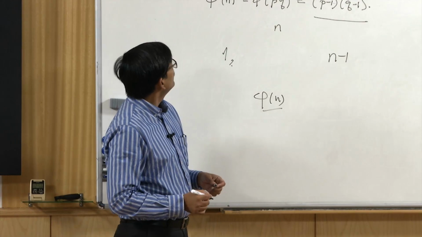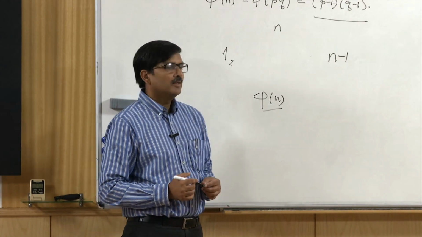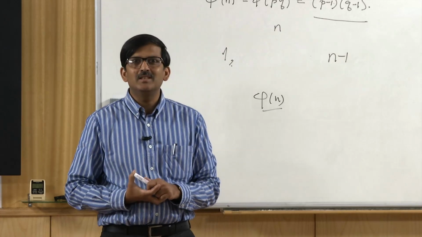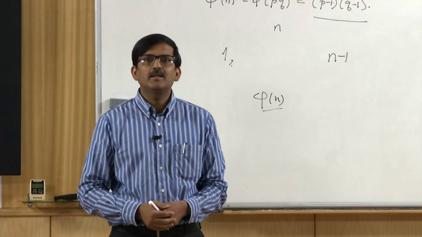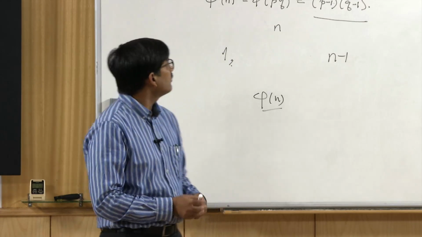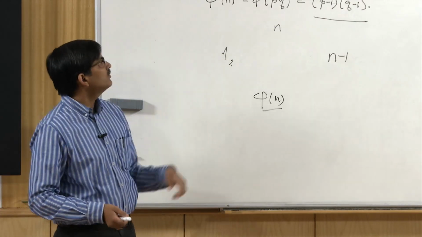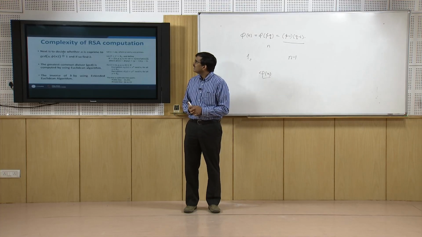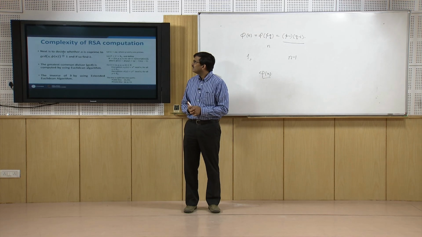In that way we can get phi n, but if n is a number which is a product of two 600 bit primes, then it is going to be very large and the computation will not end. So, I will not be able to know phi n, and if I do not know phi n, then the question is how will I know B?